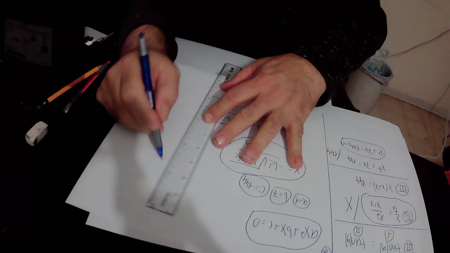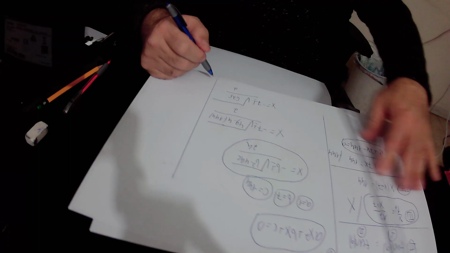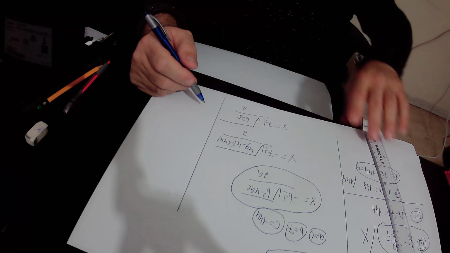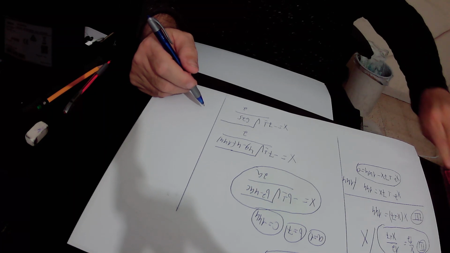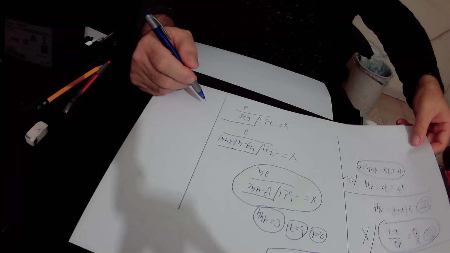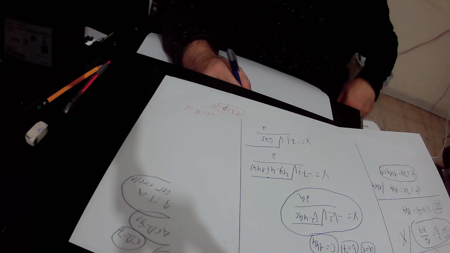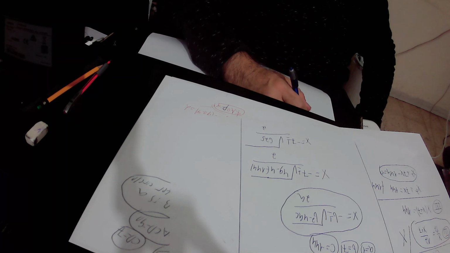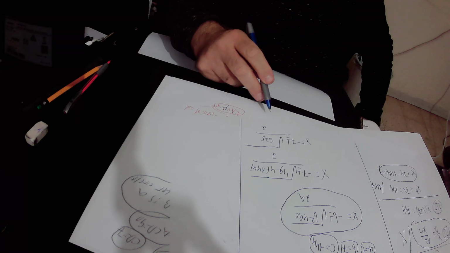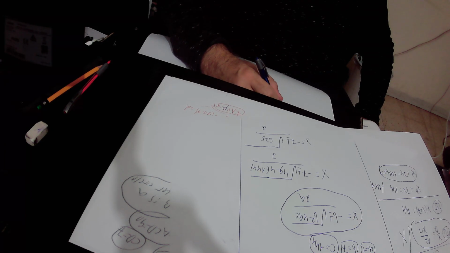So here we have x equals minus 7 plus minus, and the square root of 625 is 25, over 2.